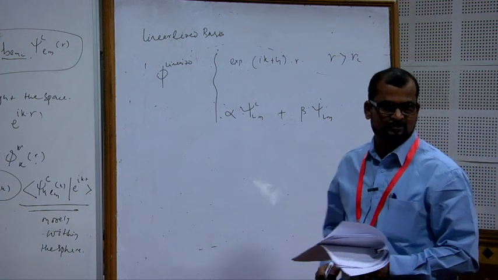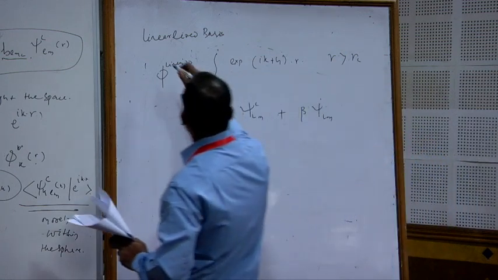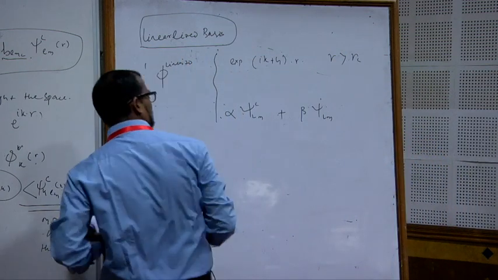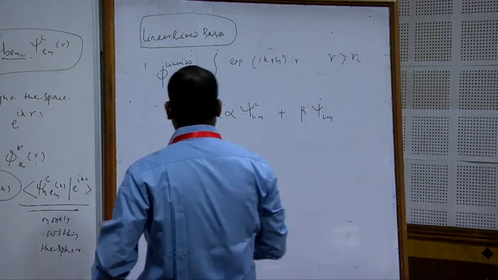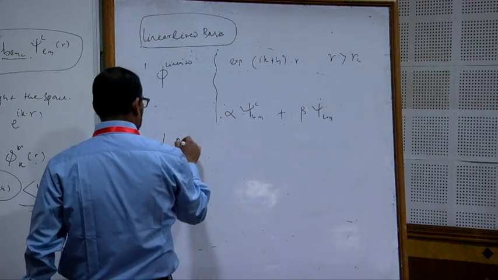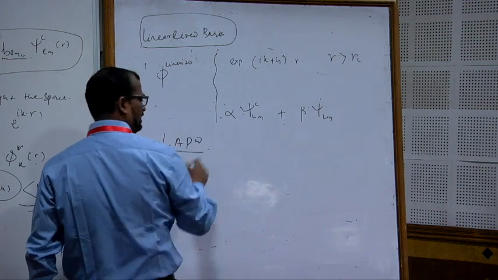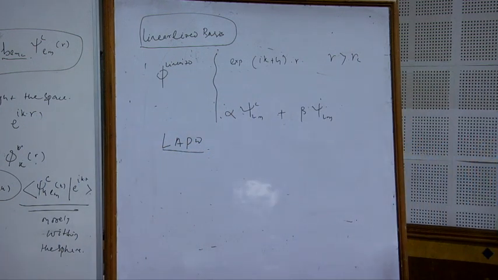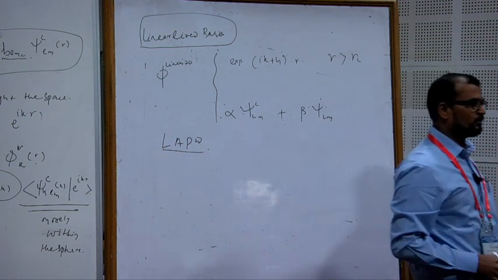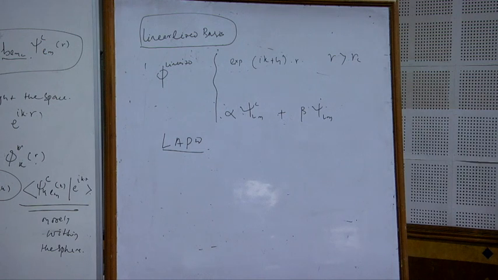But this is another way of presenting or constructing the basis sets. Those who are doing the LAPW method particularly use the linearized augmented plane wave method. The linearization happens in the core region, and in earlier days people used to do the linearized Muffin-tin orbital method, or LMTO method, where they linearize the Muffin-tin orbitals.